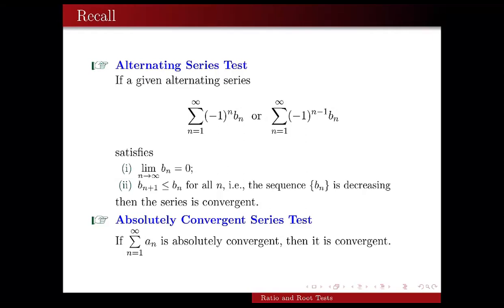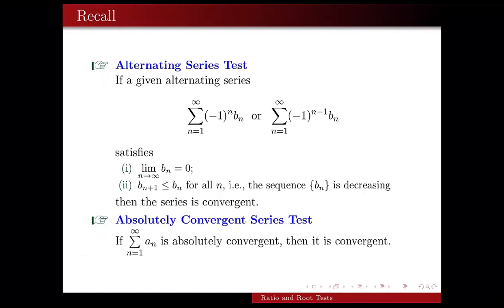Now, the alternating series test and the absolutely convergent series test, you can consider even non-positive terms. Unlike in your comparison test, integral test, and limit comparison test, you have to have terms which are all positive.